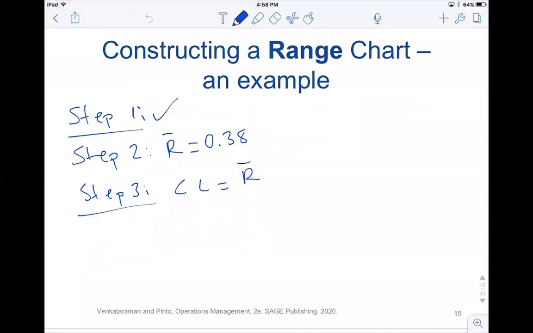Okay, step four. My UCL, well, I'm still in step three, I'm sorry. It is D4 times my R bar, and my LCL is D3 times R bar. Okay, so what is D4 and what is D3?